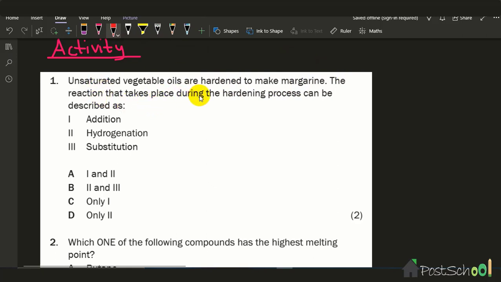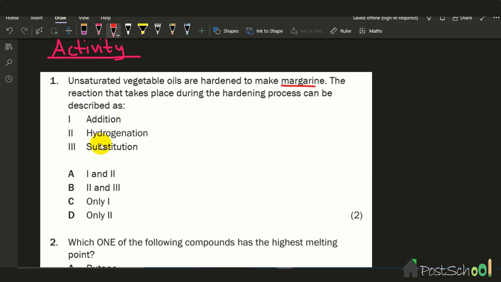The reaction that takes place during the hardening process can be described as what?